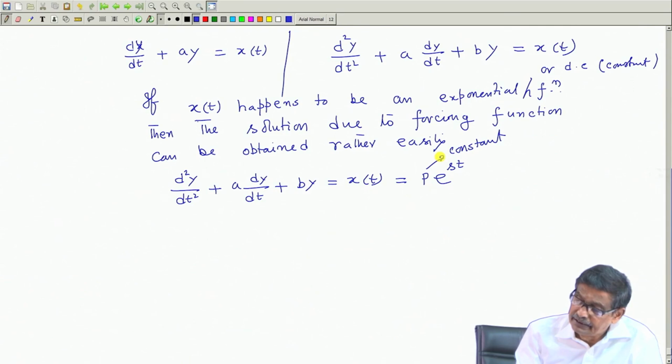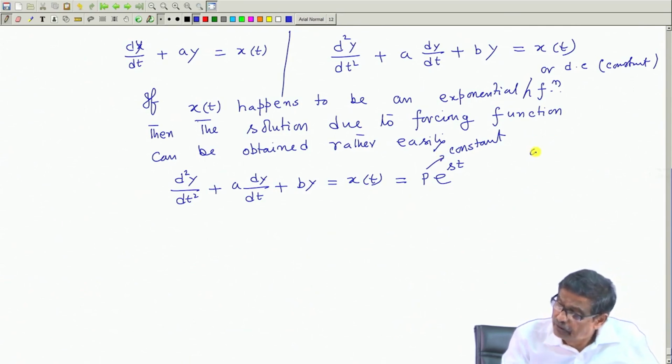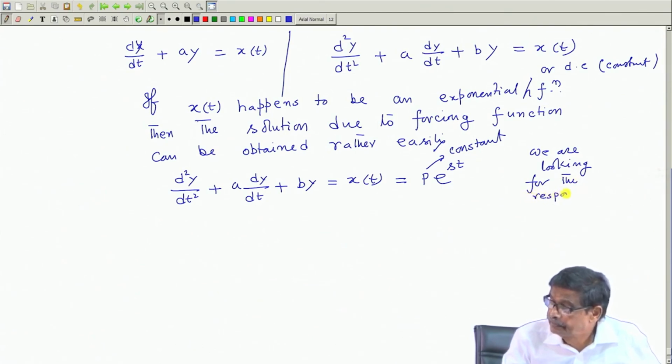The left hand side, and we are looking for the response due to the forcing function only.